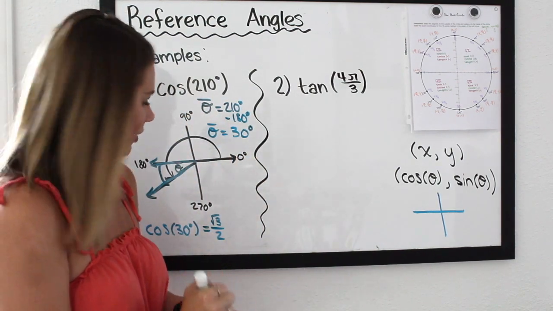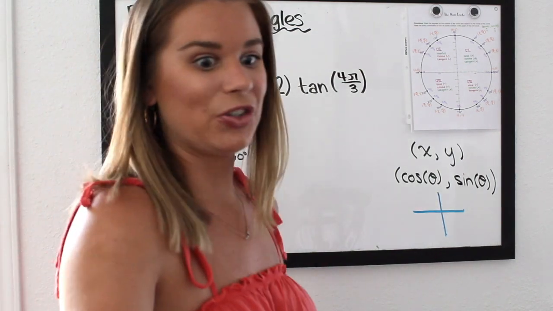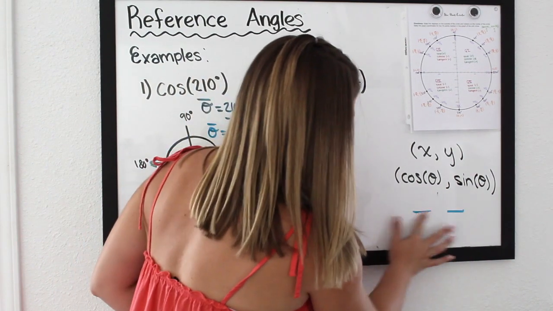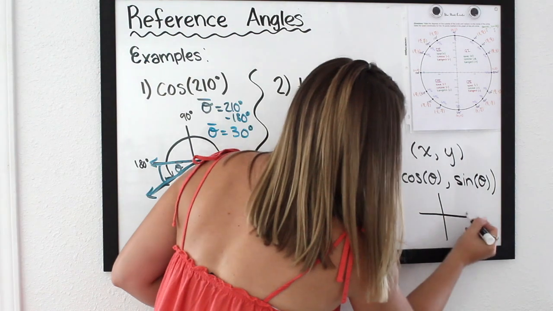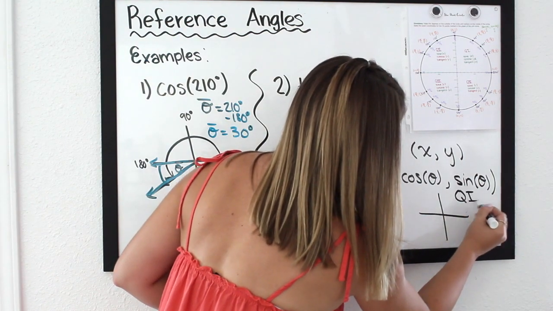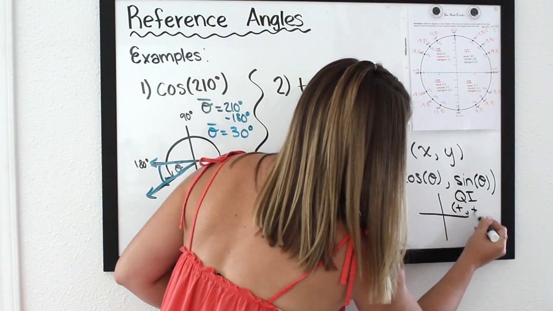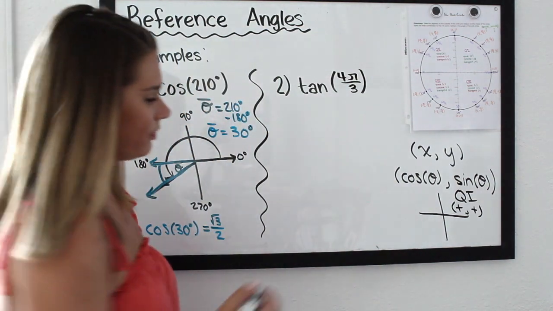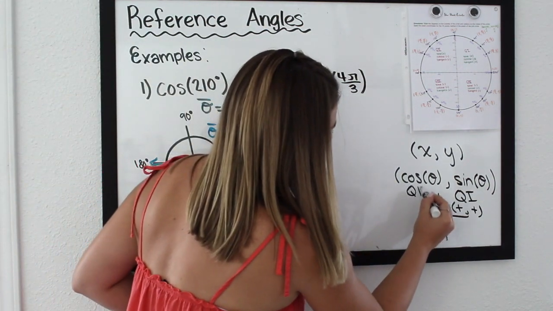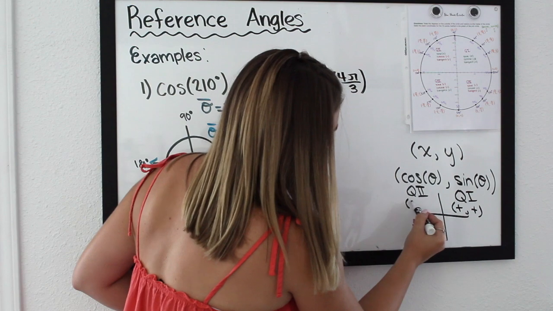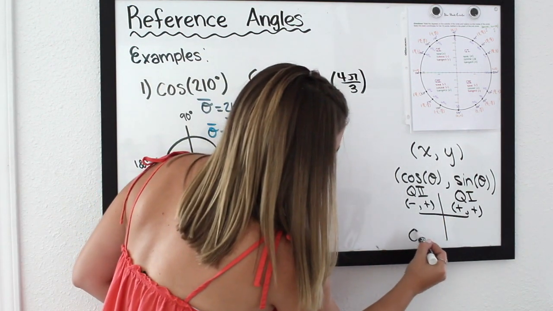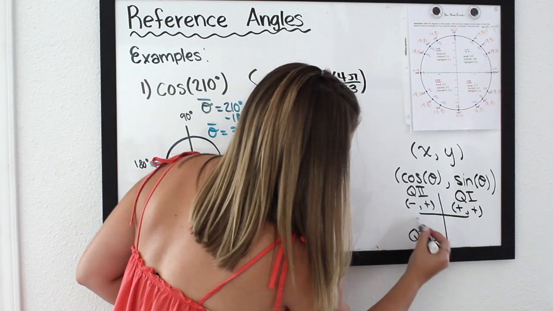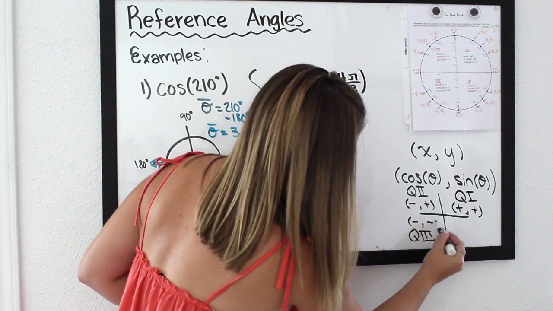Let me change colors so that this doesn't get super confusing. If we're in quadrant 1, both cosine and sine are positive. In quadrant 2, cosine's negative and sine's positive. In quadrant 3, they're both going to be negative.